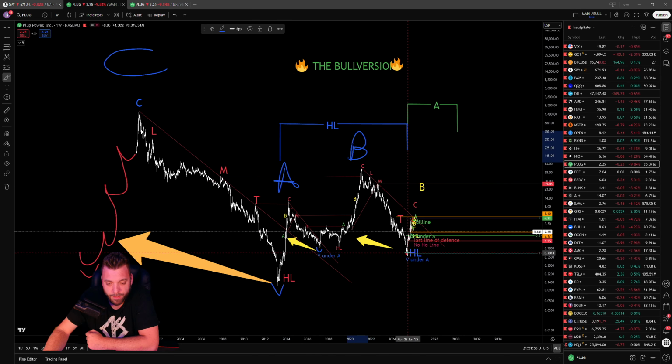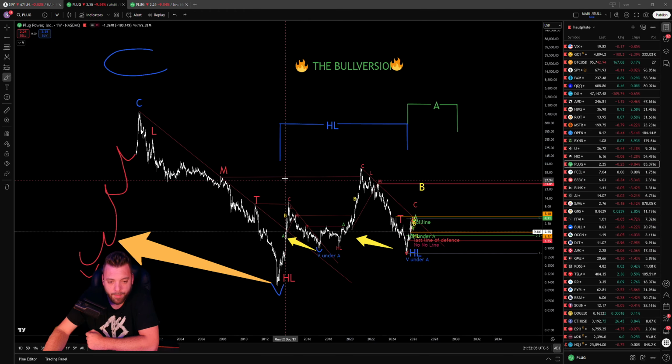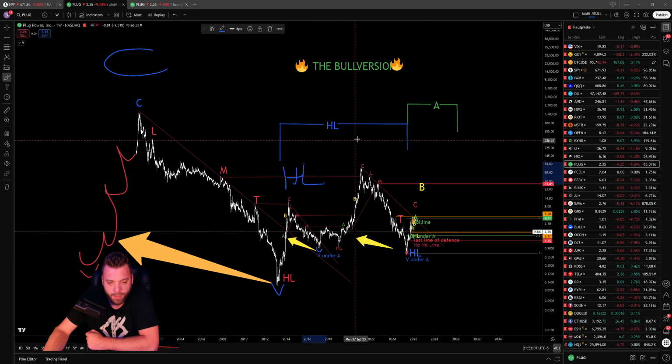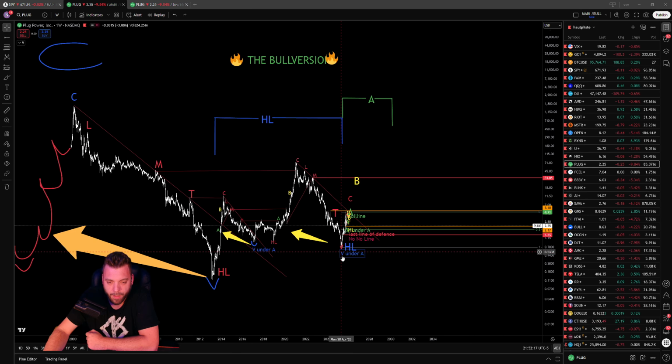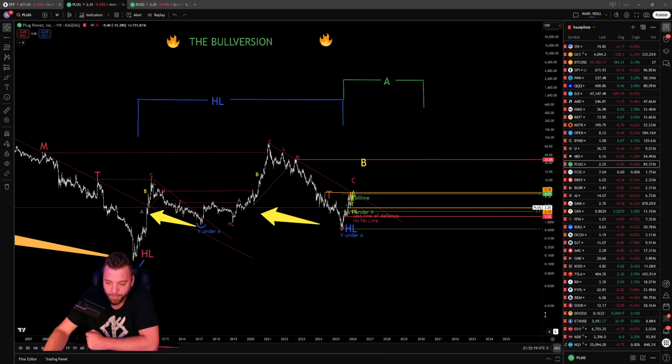Just because we are lower than this one here. And the B bottom is not lower than A. Same like, why is this not higher low and this A? Same, because A bottom is not lower than higher low. So this whole thing is our higher low, and we would be in our A right now.